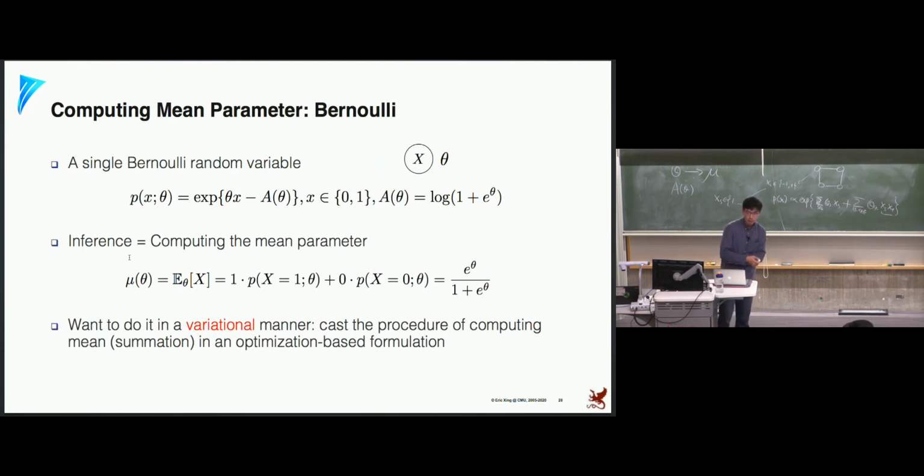Let's look at an example. The simplest possible probability distribution is a Bernoulli, and coincidentally, this is also representable in exponential family form.